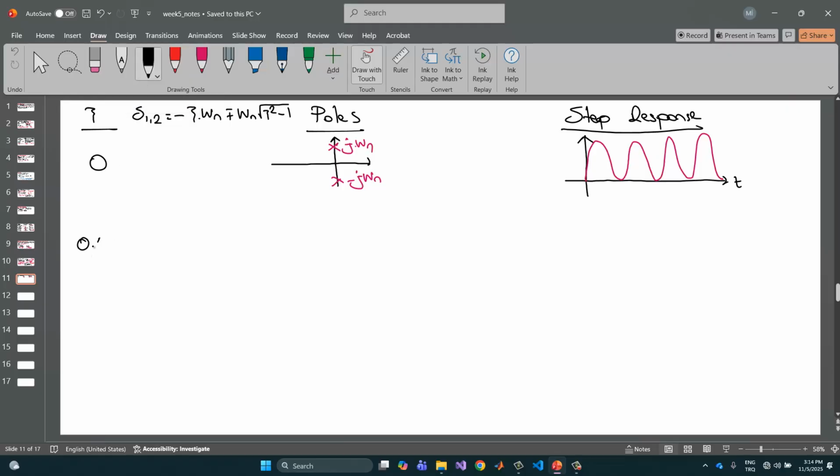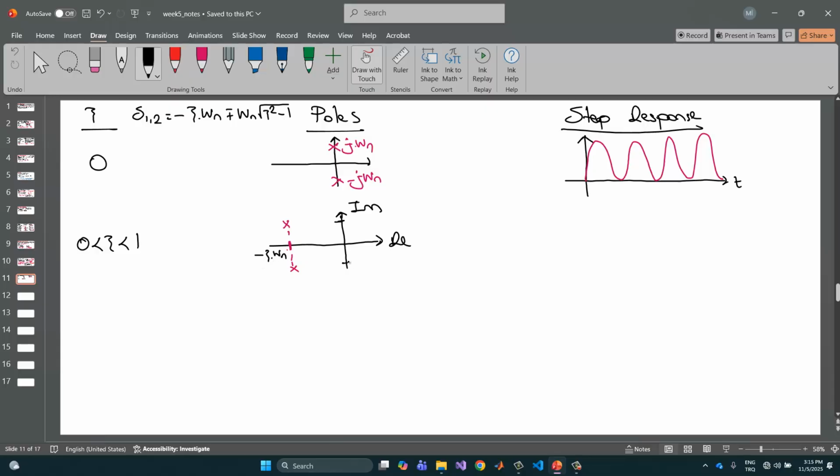And so, what about this one? If zeta is between 0 and 1 in here, we have other poles in here. This is the real, this is the imaginary. Okay? From this formula, we have two poles in here. And so, what are the values of this one? The real part is this one, minus zeta Wn.